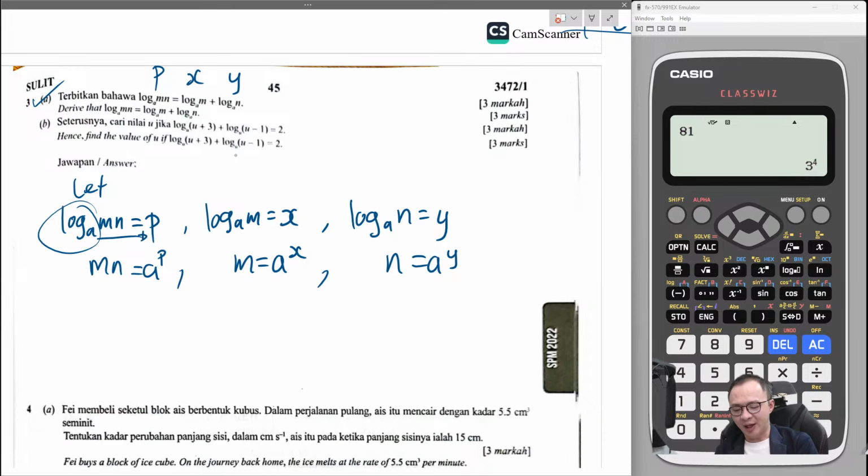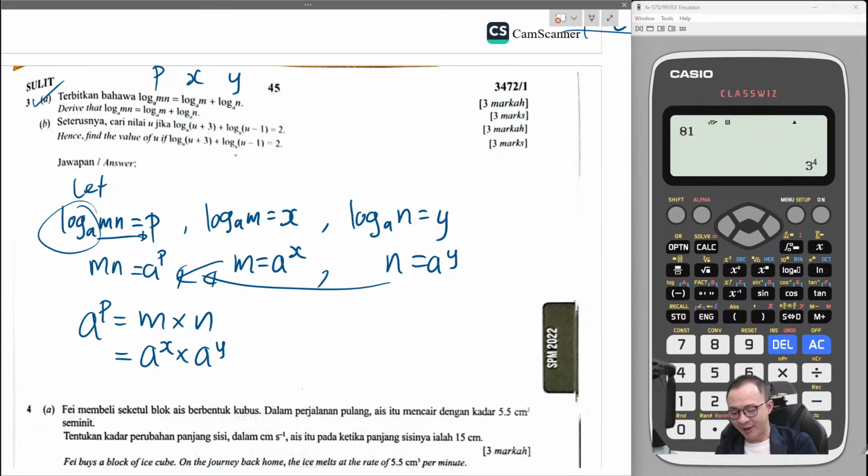And then I sub my M and N back into the first equation. So therefore A power P equals M multiply N, isn't it? My M is A power X, my N is A power Y. So right now we can see multiply means plus at the power, isn't it? So the base is the same, we compare the power.